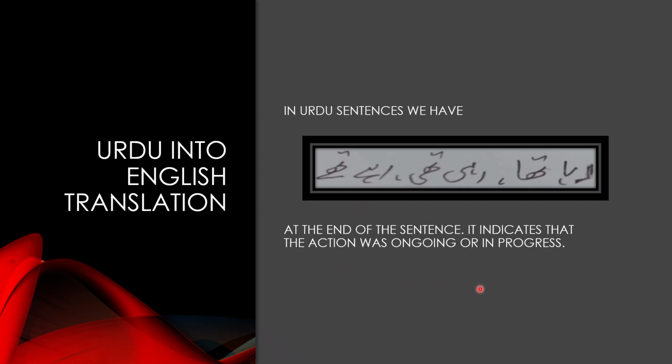It indicates that the action was ongoing or in progress. This is the identification of sentences in Urdu. When you see raha tha, rahi thi, rahe the at the end of a sentence, it would help you identify them as past continuous sentences.